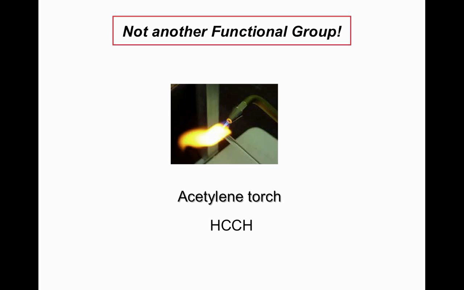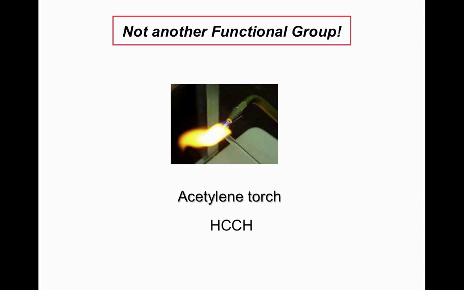So before we get into the structure and reactivity of the alkyne functional group, let's pause for a minute and remind ourselves why it is that we're learning this. Alkynes are important in two different arenas that may be of interest to you. First, if you notice going around the city when new buildings are going up and you see the guys hanging up the skyscrapers with blowtorches in their hands, they're using alkynes as the primary fuel source.